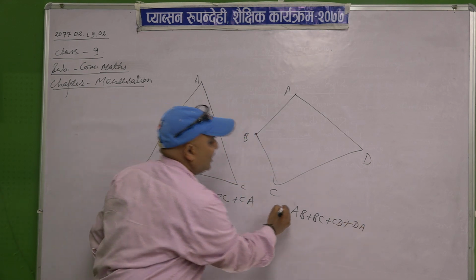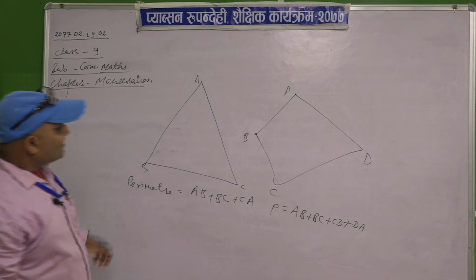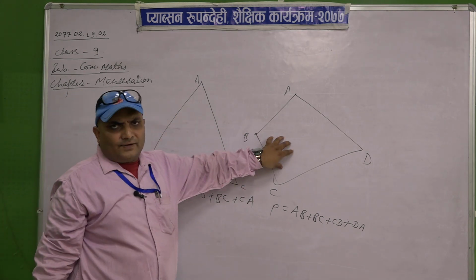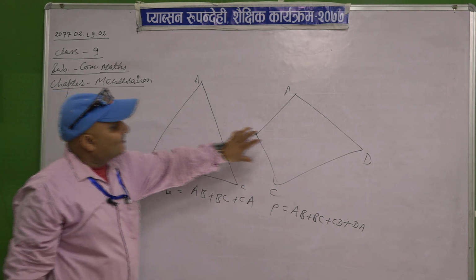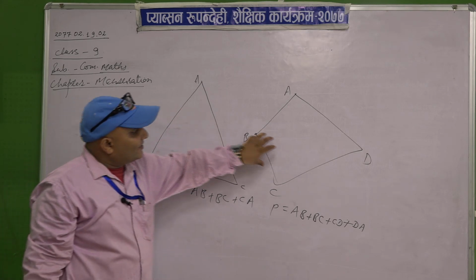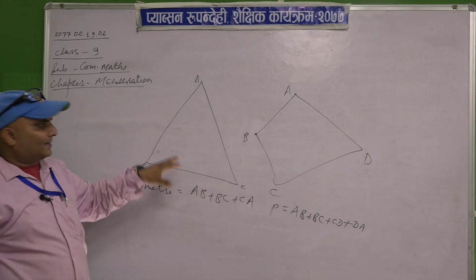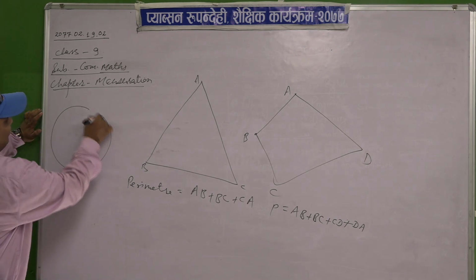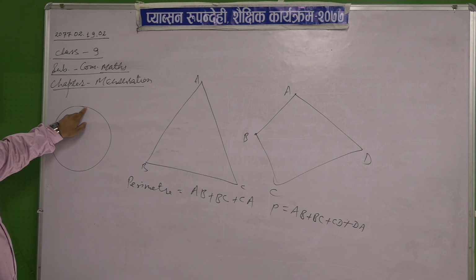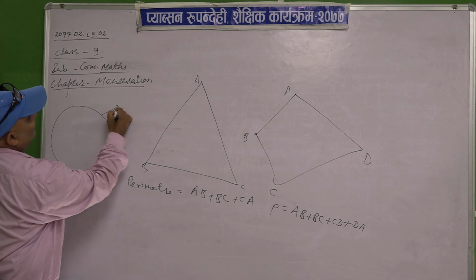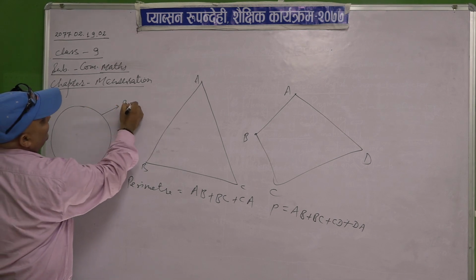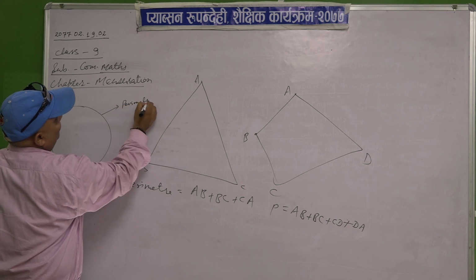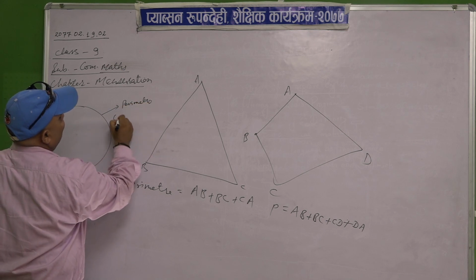So this is the perimeter of the quadrilateral. These two are plane figures. In this type of figure, we say perimeter. Okay. And suppose this is a circle. In this circle, this part is called the perimeter, but we don't use the word perimeter. We call it circumference.